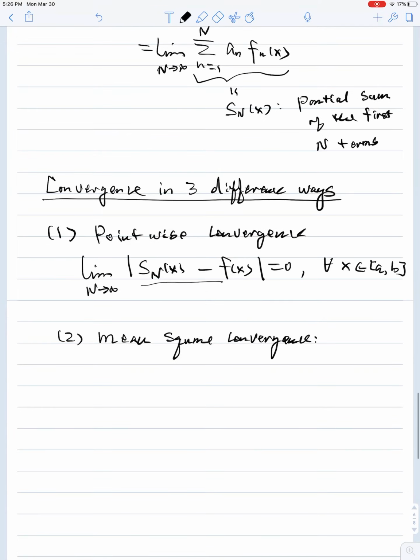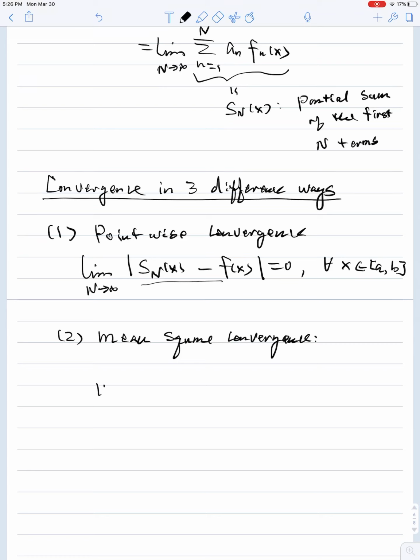The mean square convergence is that we look at the L2 norm of the difference between the finite sum Sn(x) and f(x).